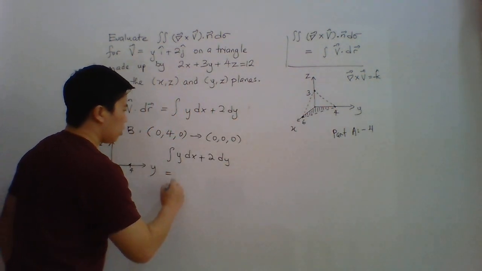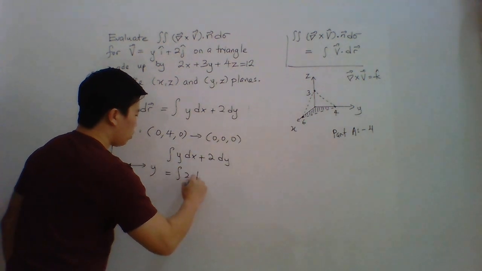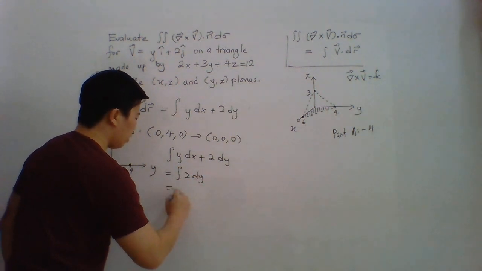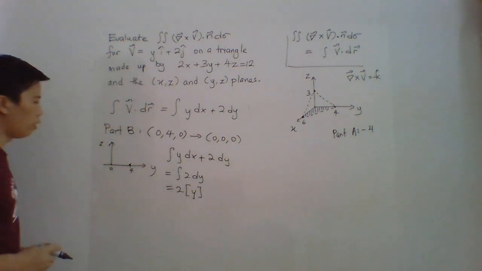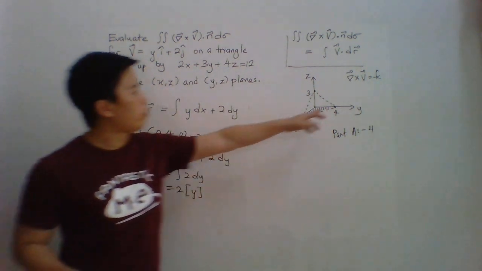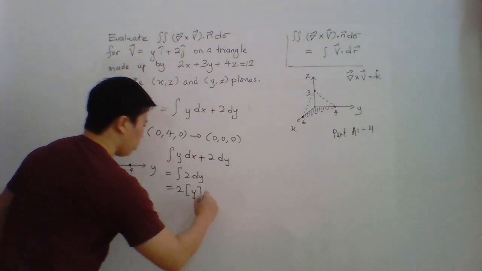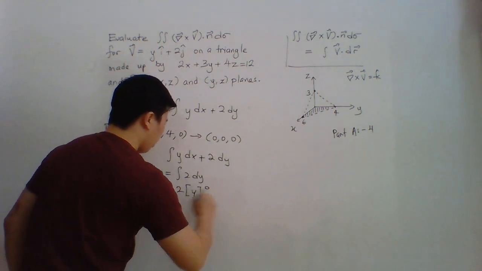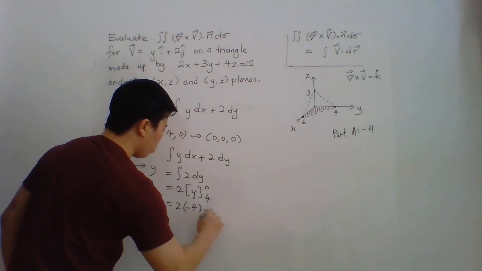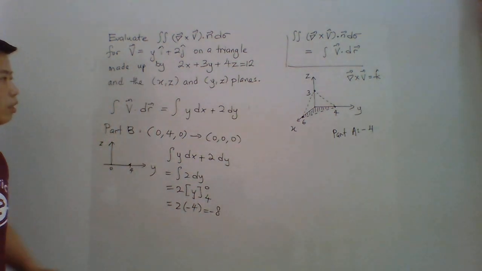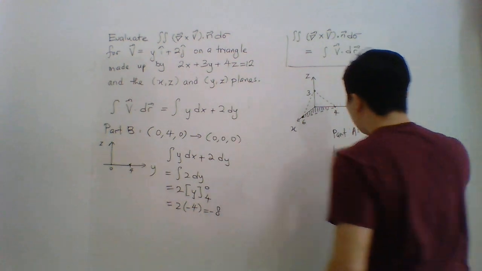So here this is going to be 2 dy, and therefore integrating dy I will have y, and my y goes from 4 to 0. So I have 4 to 0 over here, and this is 2 times negative 4, and this is going to be negative 8. So part B, this is negative 8.